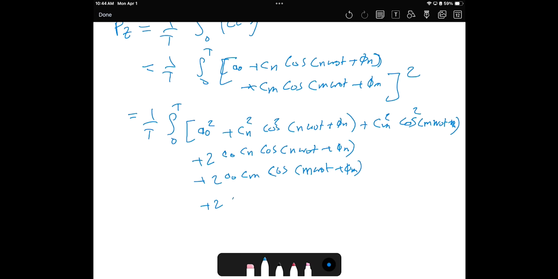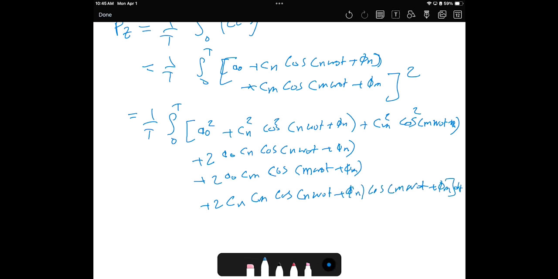Then the other one, 2 Cn cosine n omega naught t plus Vn, times Cm cosine m omega naught t plus Vm. Then don't forget to write dt. All of them are inside the integral.